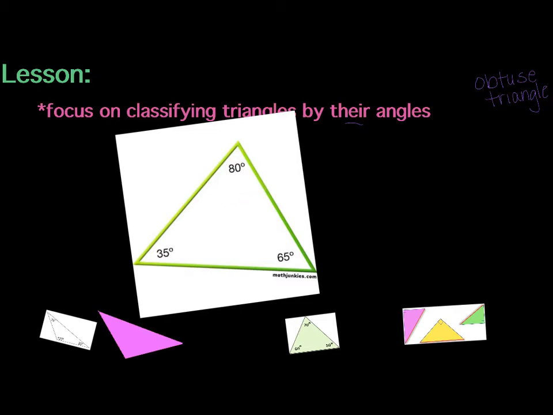So if we think about what kind of angles we have, the 35 degree is acute, the 65 is acute, and the 80 is acute. So what kind of triangle do you think this might be? Hopefully you're thinking, it's so cute, right? It's an acute triangle. So that's what we would name that particular triangle.